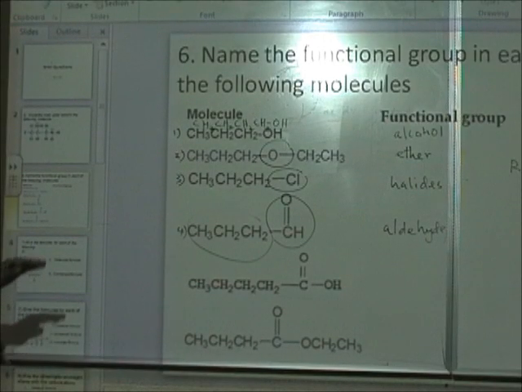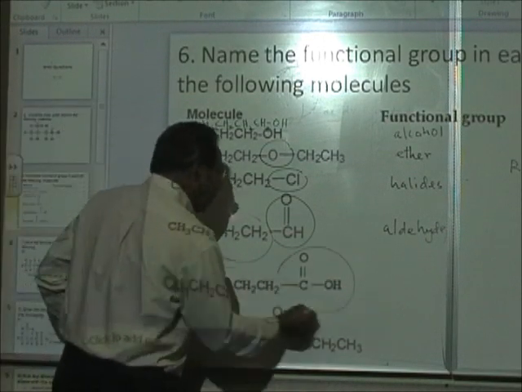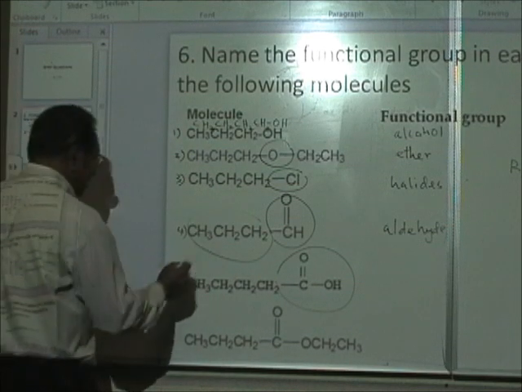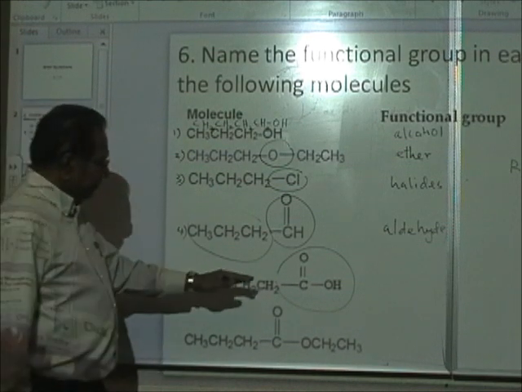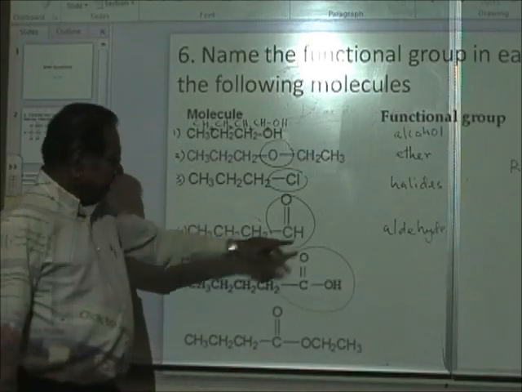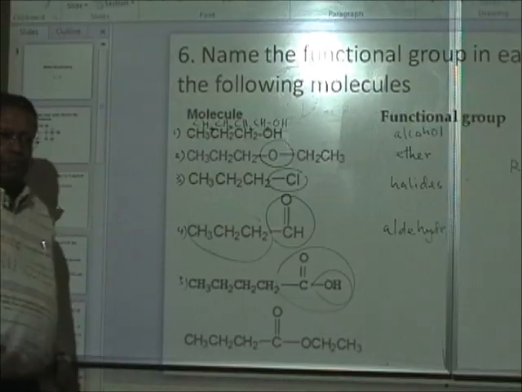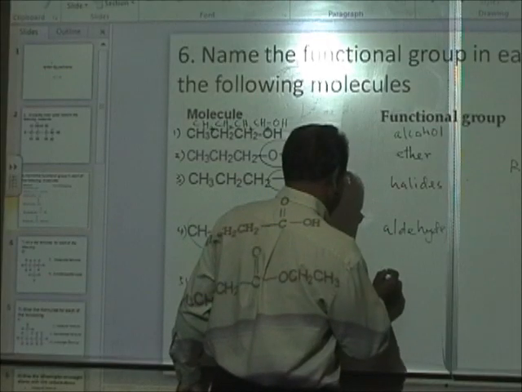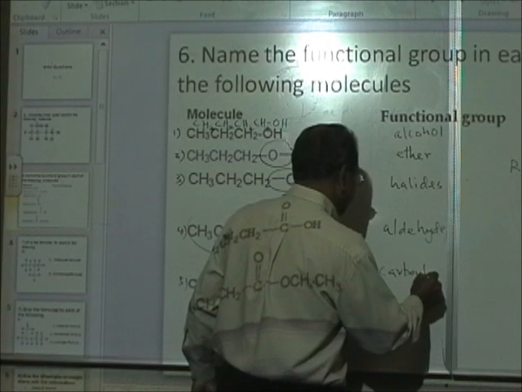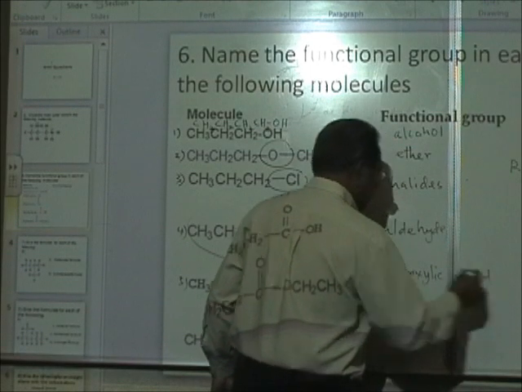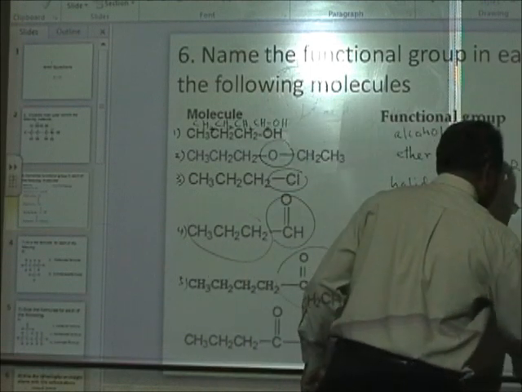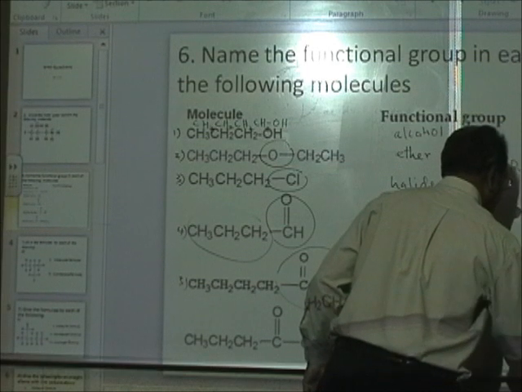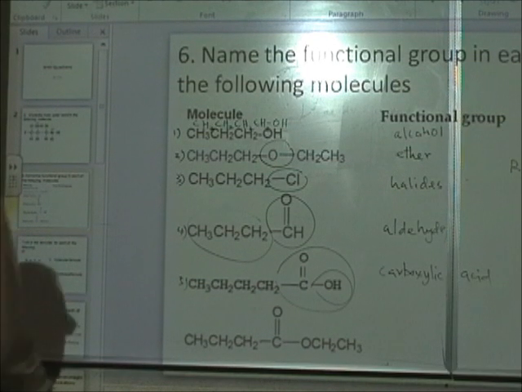Now there's another functional group similar to the aldehyde, but the difference is that in place of the hydrogen you have an OH group. We don't call it an alcohol anymore, because when the alcohol group is with the carbonyl group, we call it a carboxylic acid. The group is COOH.